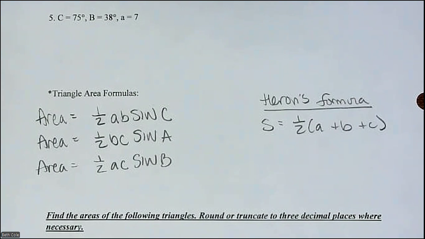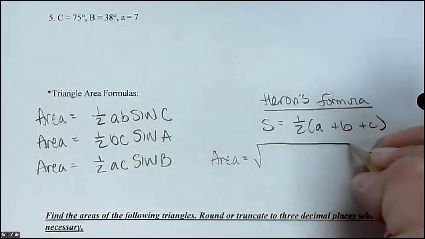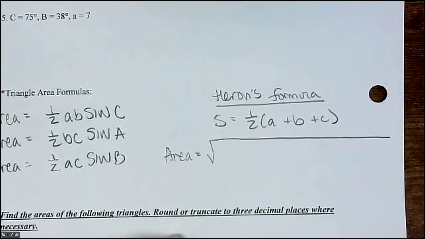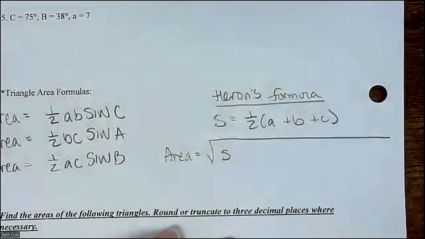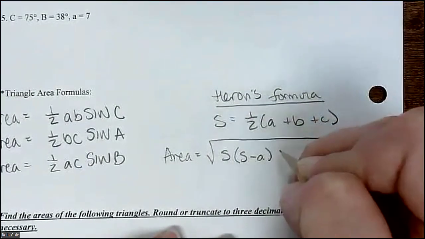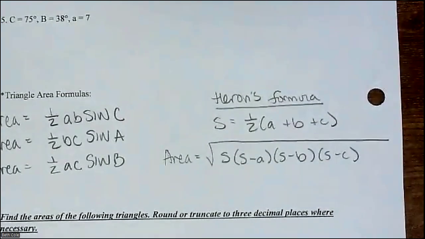But you add all the sides, do half of it, your area equals, you're going to put a gigantic square root. It's not that complicated, just hold on. You take that magical S number that you just came up with, and then it's times S minus A, S minus B, S minus C. And that will give you the area of the triangle.